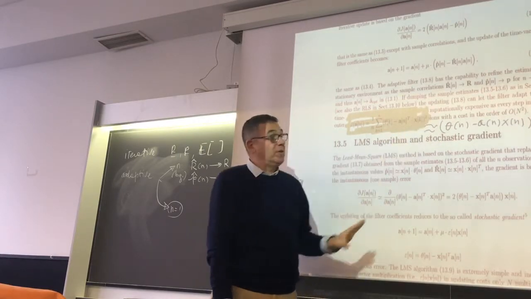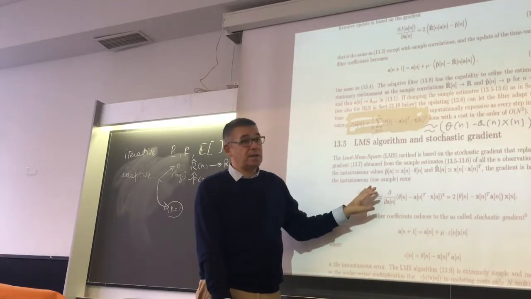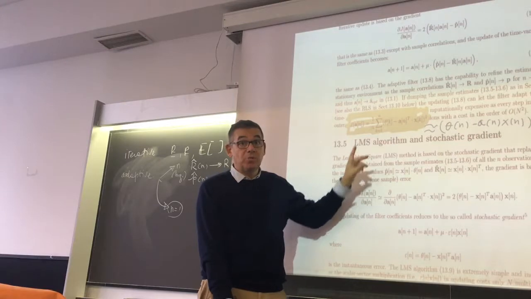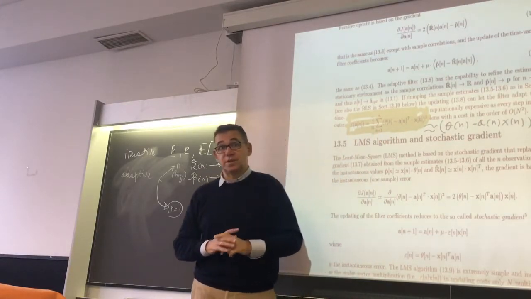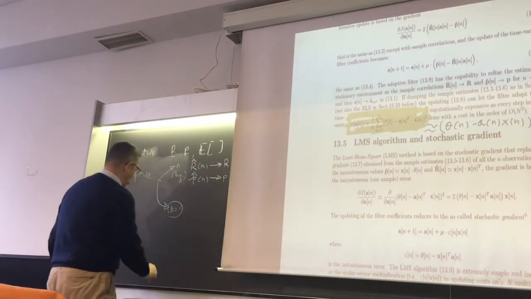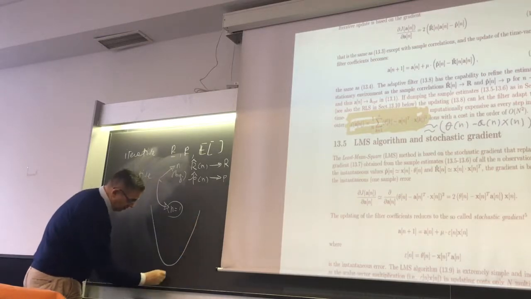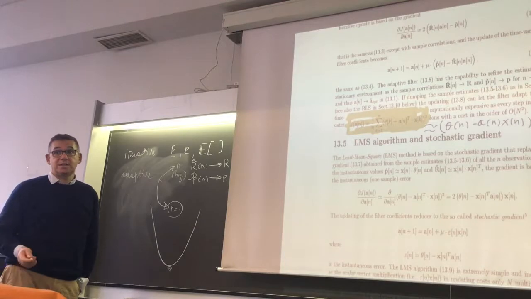So what I do is the following: I take this as an approximation, I calculate the gradient with that, and I implement the gradient with one value. Now, what is the major difference? Remember, my goal is to go to the minimum, because at the minimum I solve the problem, so I get the estimator.